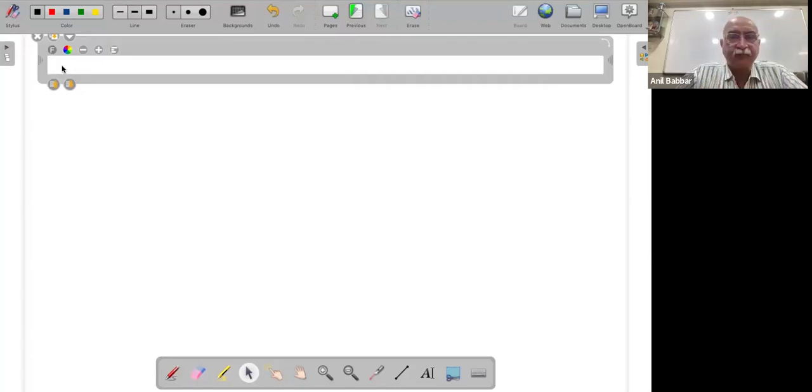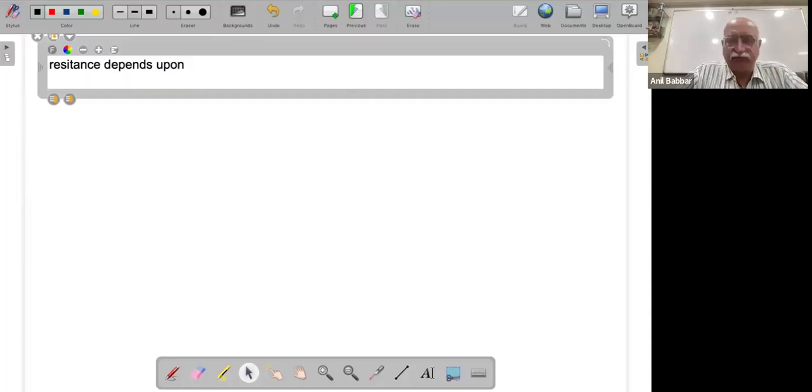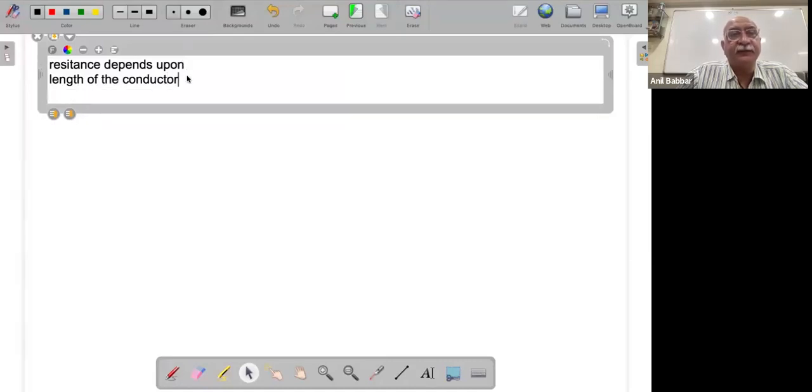Resistance depends upon the length of the conductor, it is directly proportional to it. Or we may say resistance of a conductor is directly proportional to the length of the conductor.